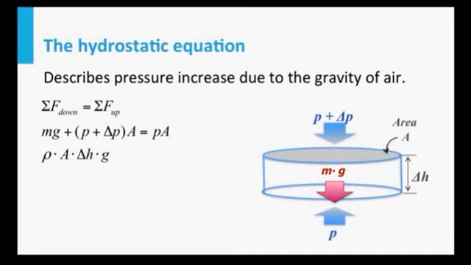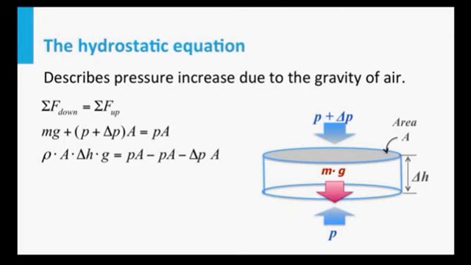Let's also make sure that we have all the pressure forces on one side of the equation, and let's move them to the right side of the equation. This means P times A remains on the same side, but the other part is added to it with a minus sign because we've moved it to the right side of the equation. And here we can already start to simplify our equation.